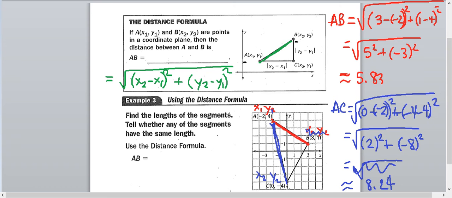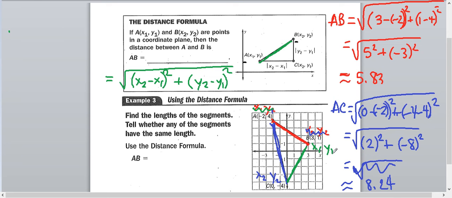Okay. So now we're going to do green. We've got B and C. C is already labeled as x sub 2, y sub 2. So I'll just make B my x1, y1. Again, the formula isn't picky about which points you use first or second.